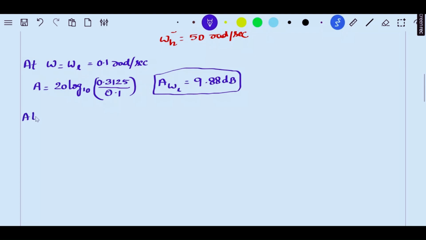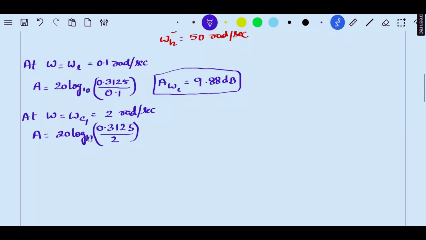Let me go with the next one. At omega equals omega C1, which is 2 radians per second, the formula remains the same as what we have written above, which is A equals 20 log of 0.3125 divided by 2. So what do we get?